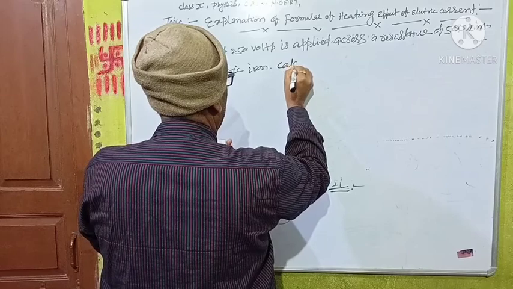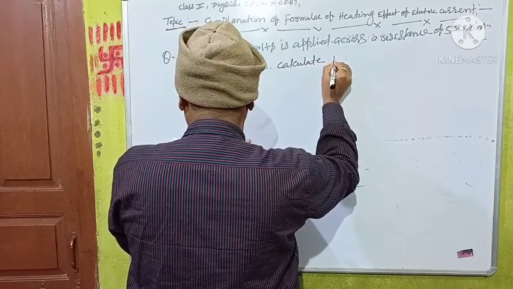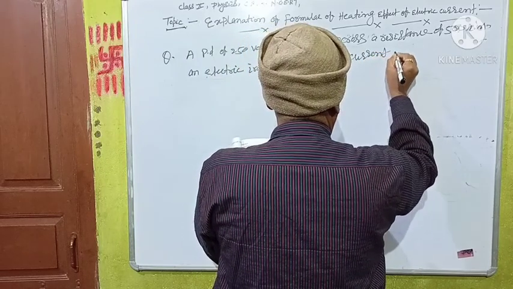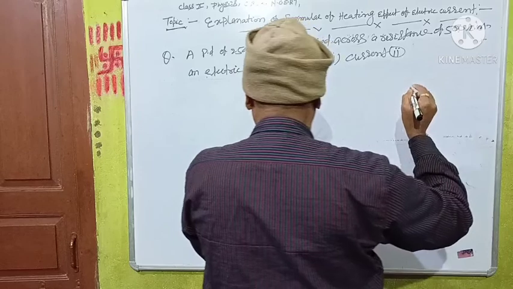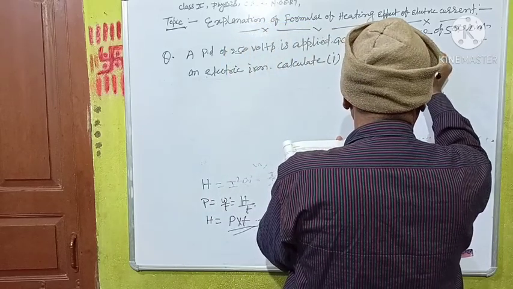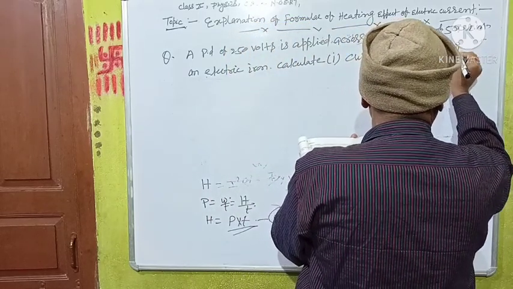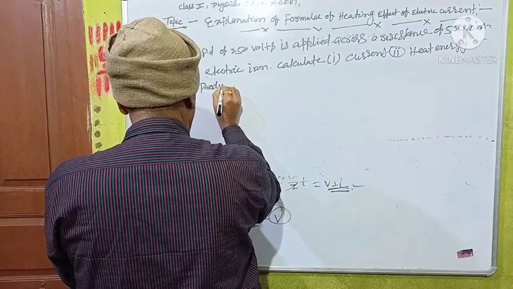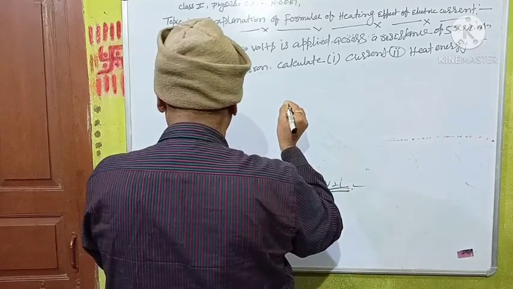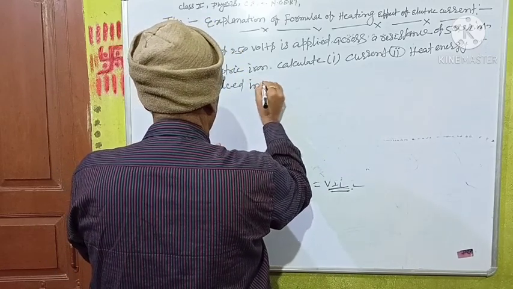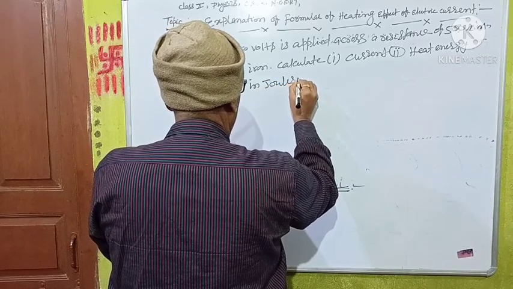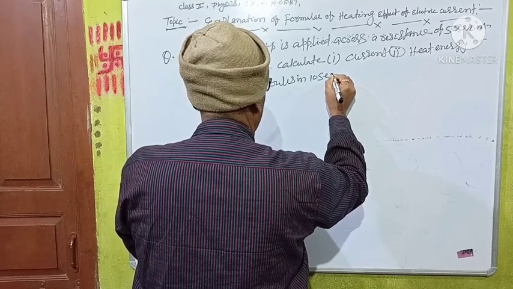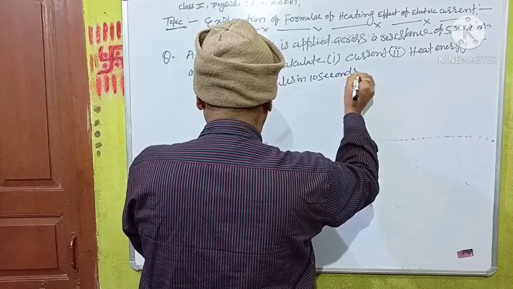Then calculate, first, the current, and second, the heat energy produced in joules in 10 seconds.